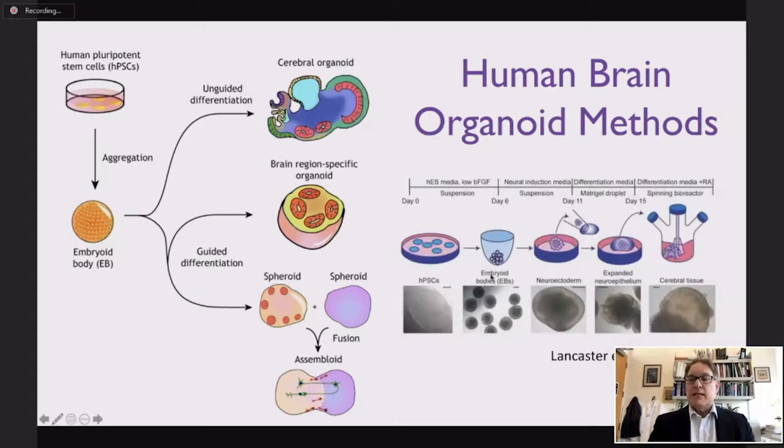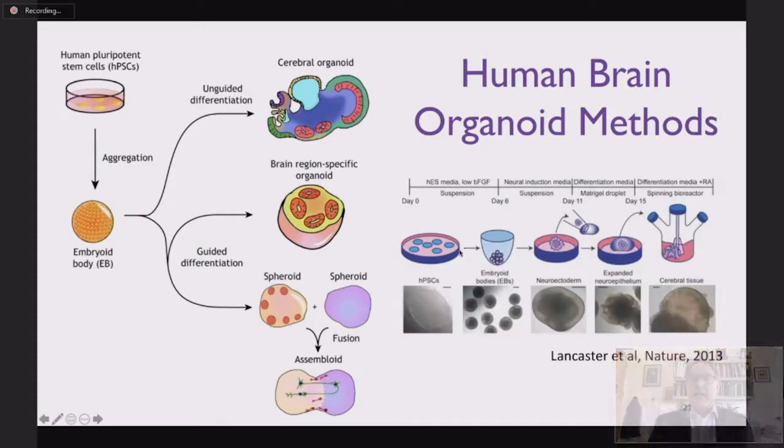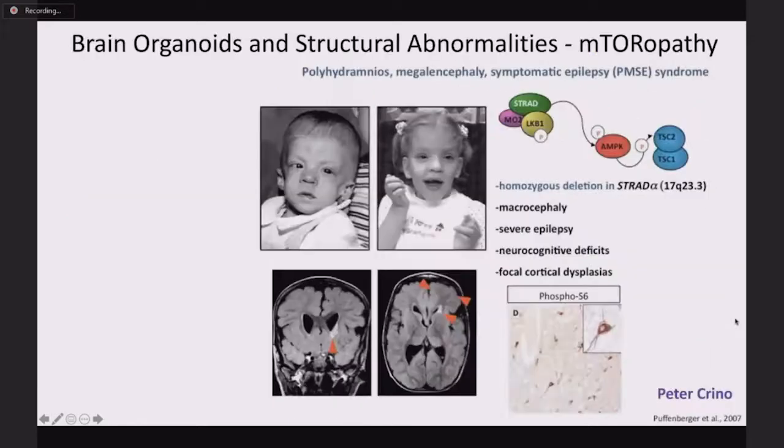This is what one protocol looks like. Again, you grow the embryoid bodies in suspension, usually in a spinning bioreactor, such as this, to get nutrients and diffusion of oxygen into the organoids. And they make neuroectoderm and then more complex cerebral tissue.